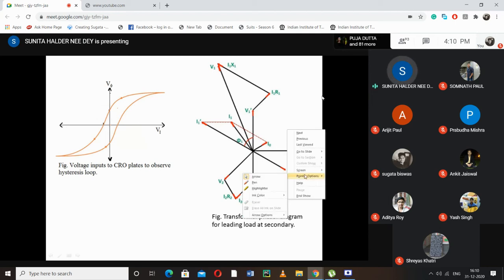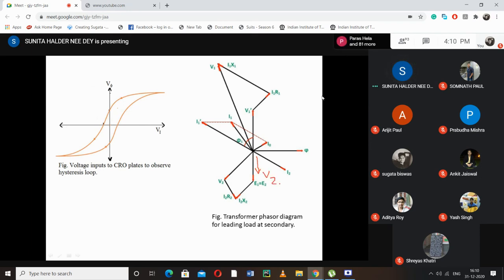So any voltage we get here, say V2, is proportional to phi but not in phase with phi. If we want a voltage proportional to phi and in phase with phi, we have to shift this voltage 90 degrees to get V2 dash. Understood?